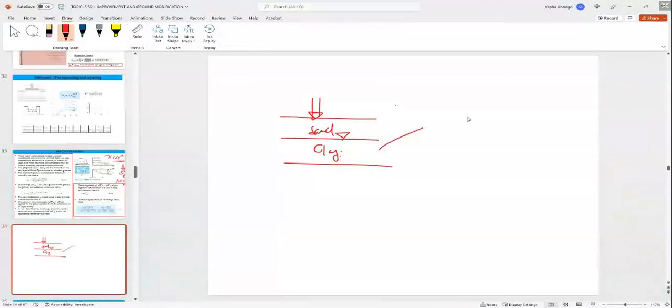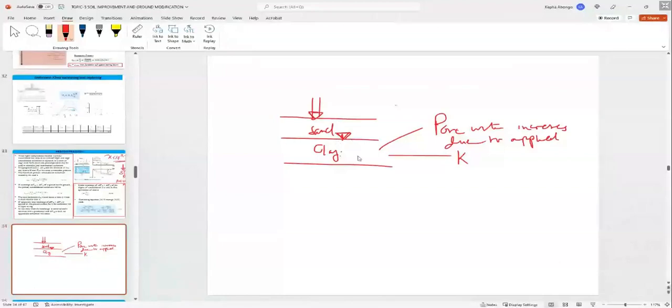And the consolidation is a process where initially the pore pressure increases due to applied loading. Now, since the clay has very low permeability K, the dissipation of pore water pressure takes a long time.